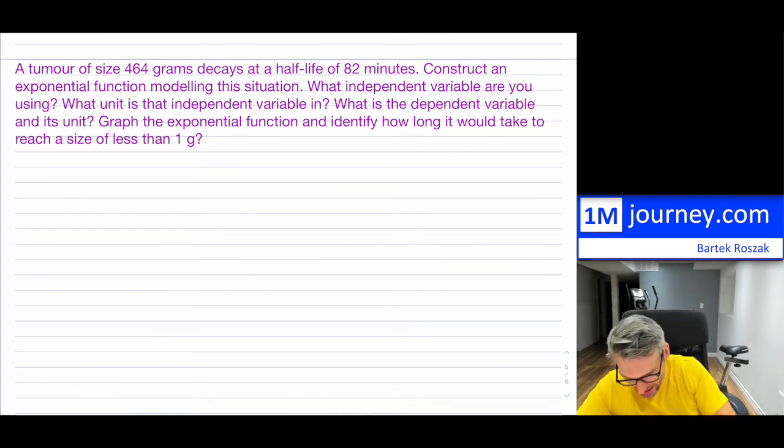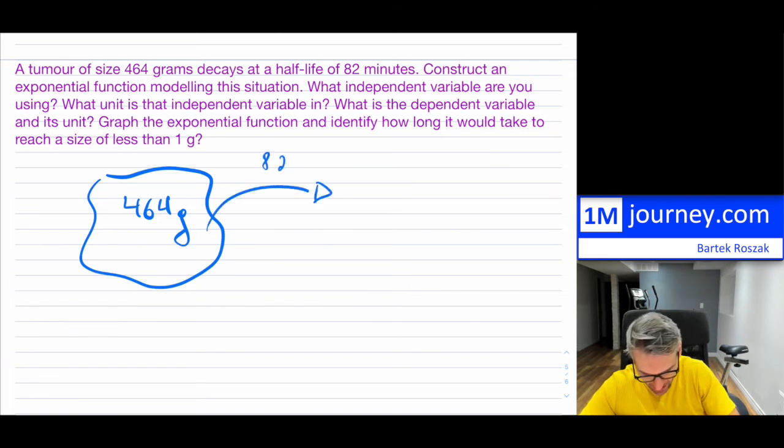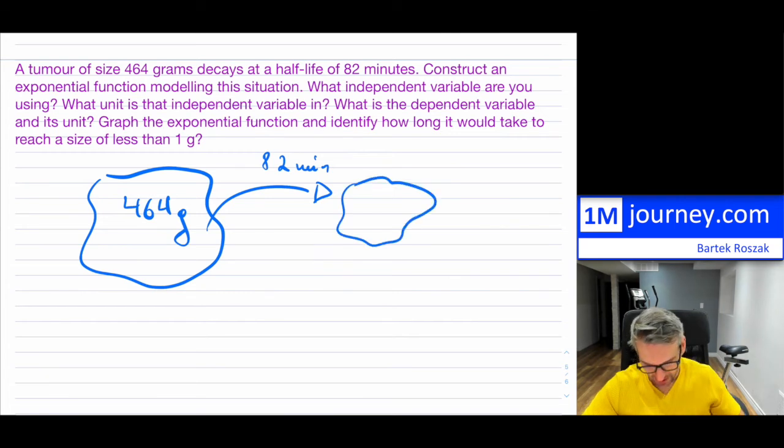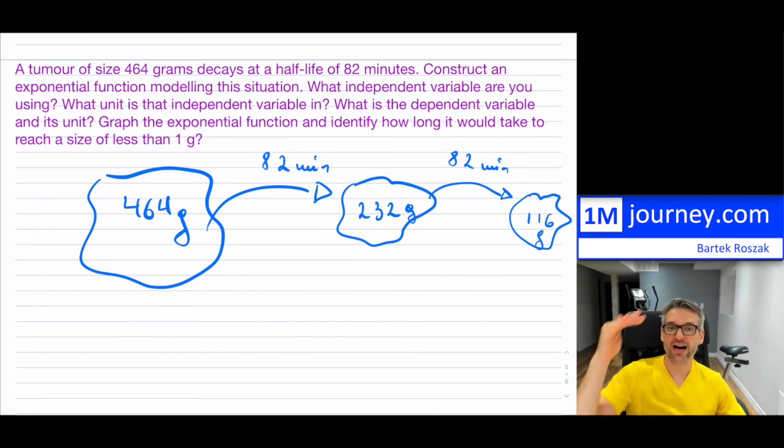So we're going to have this tumor, right here, it's 464 grams, and then in 82 minutes, it's going to be half of that size, so it would have been 232 grams. And then again, after another 82 minutes, it's going to be half of that, meaning it's going to be 116 grams. So that's the half-life period.